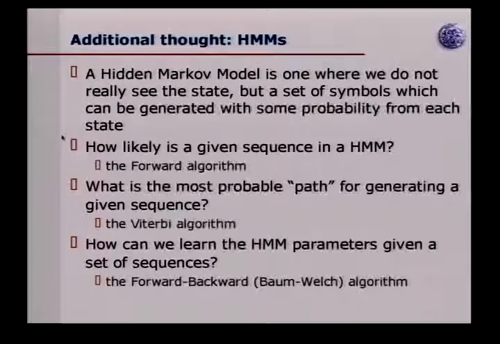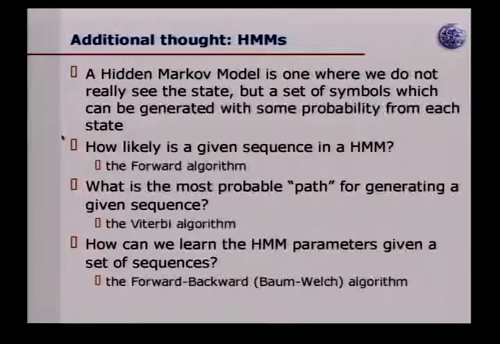And there's another algorithm, which is the one we could be interested in: how to learn the parameters of a hidden Markov model from the sequences. I won't go into the detail, but it's sufficient to know that there's an algorithm called forward-backward or Baum-Welch, which can compute this for you.